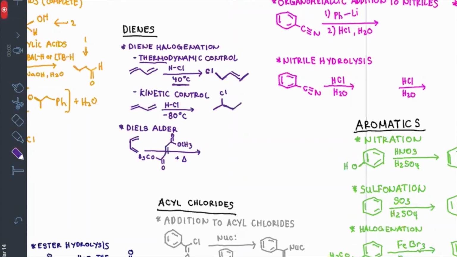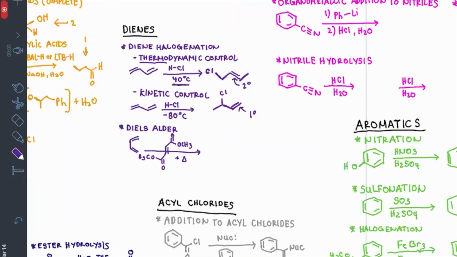And this is less stable because the alkene is monosubstituted, whereas this alkene right here is disubstituted. But the kinetic control happens because the transition state is more stable, which I advise, again, to look through your notes to review. Now let's go over Diels-Alder.